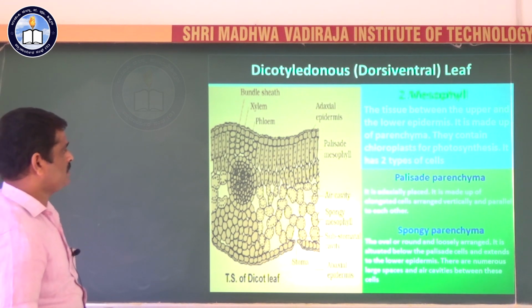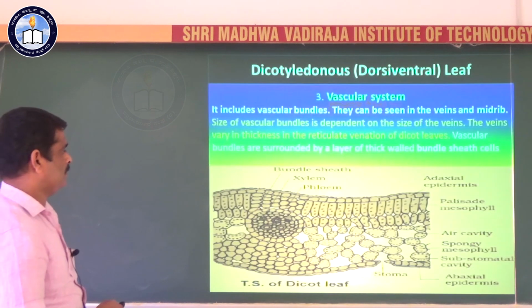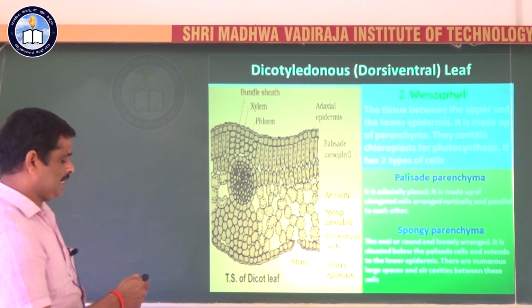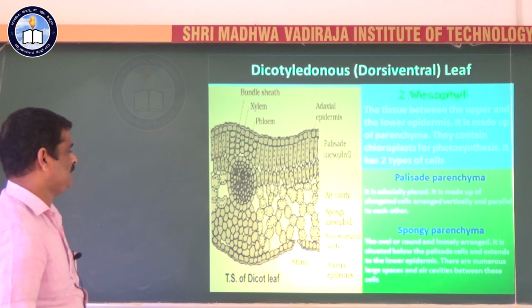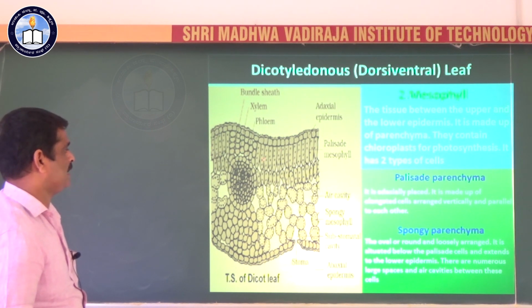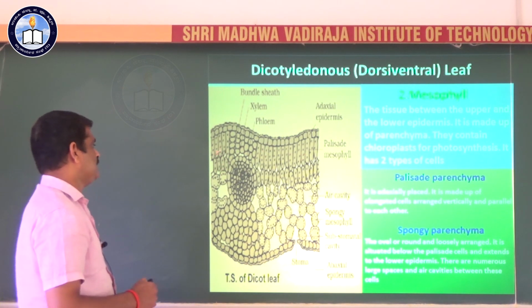These parenchyma cells are of two types: the palisade parenchyma and the spongy parenchyma. What is palisade parenchyma? The adaxially placed parenchyma, which is elongated and arranged vertically and parallel to each other, is called the palisade parenchyma.